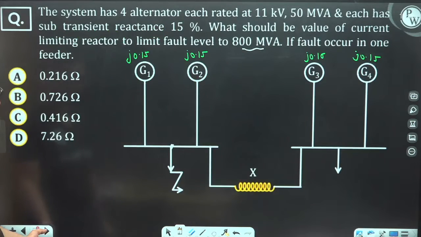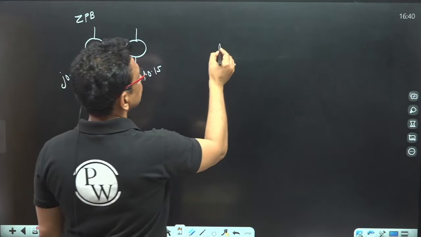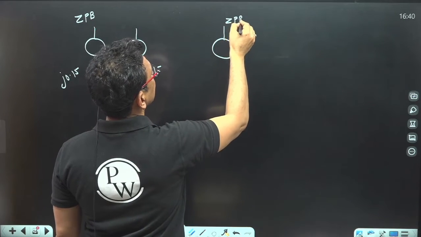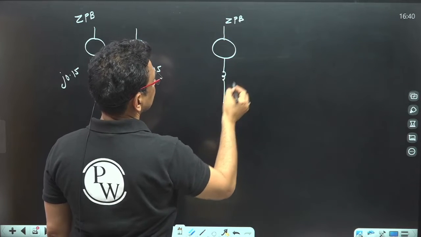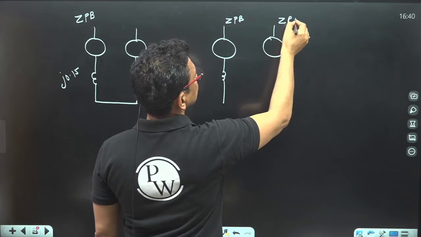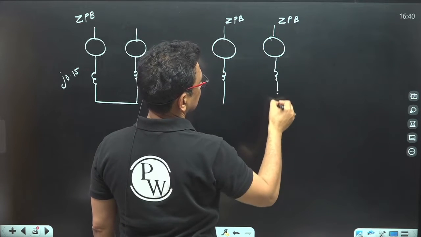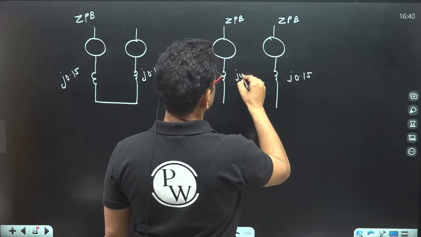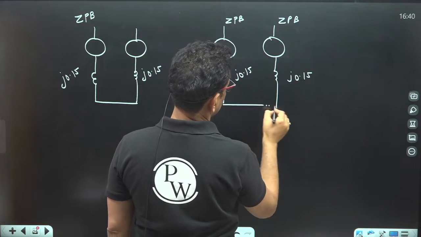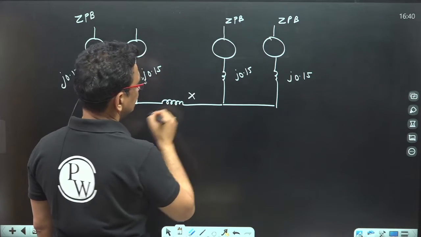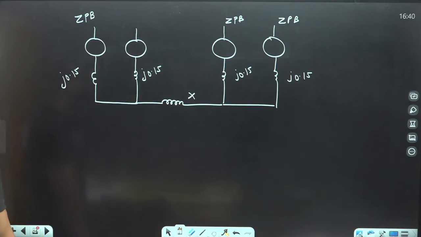Again 0.15, 0.15 for the remaining two alternators. This is the positive sequence network, zero potential bus, J0.15, J0.15. There is a reactor whose value we have to calculate.